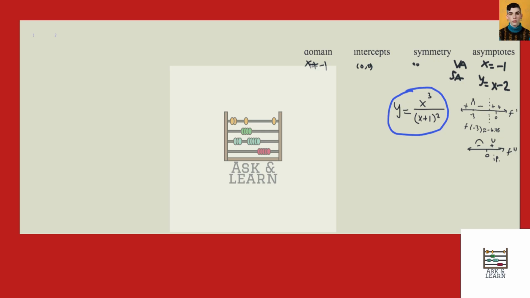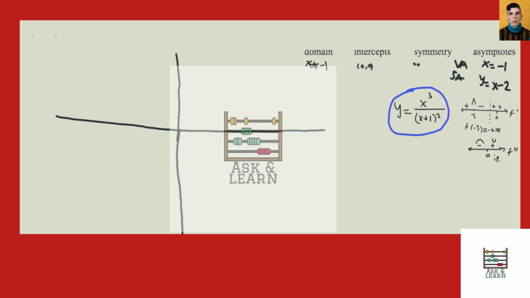To make more room for the graph, it's mostly going to be down here, so all right, we have an intercept at 0, 0.